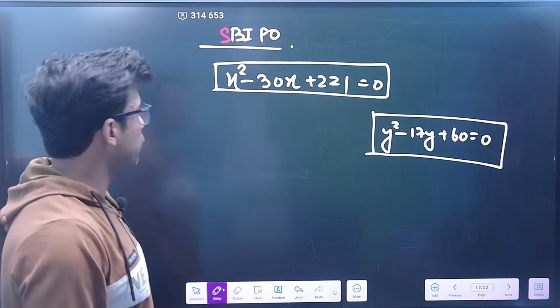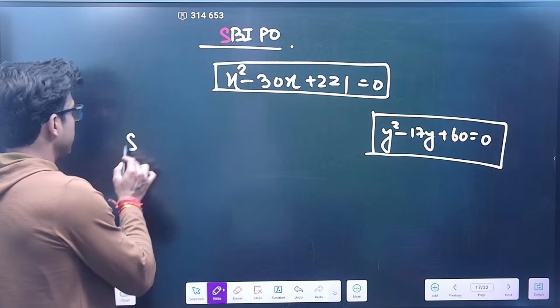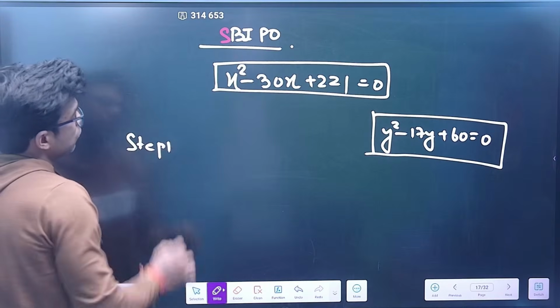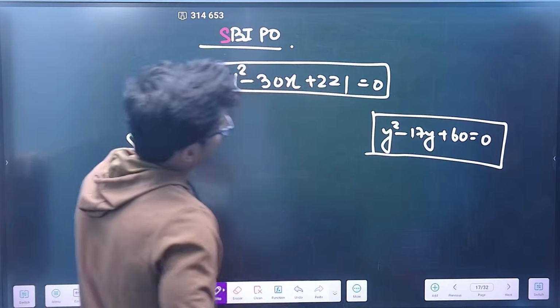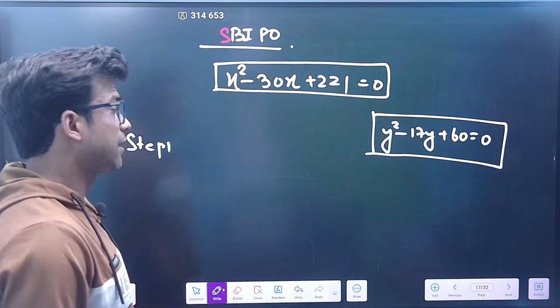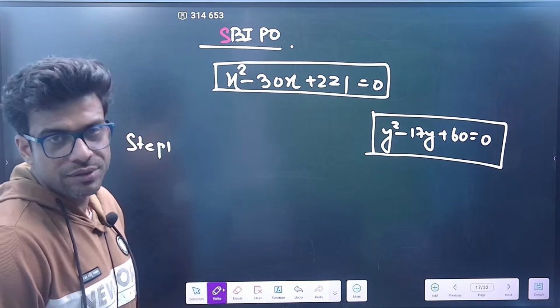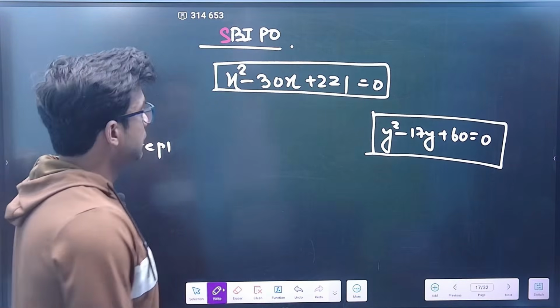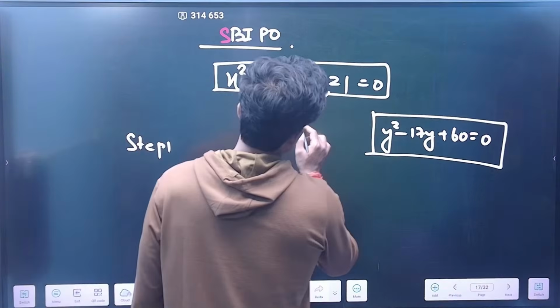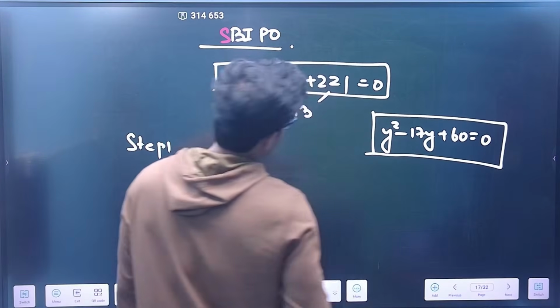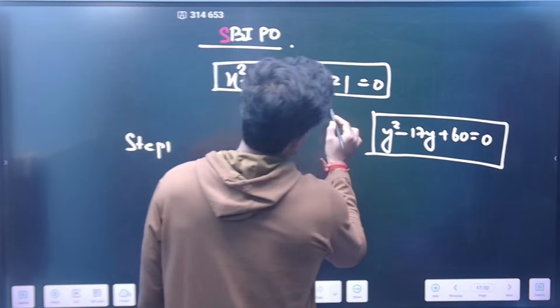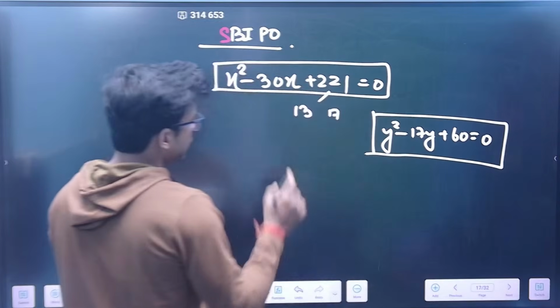The motto should be, I would write, step number 1: break out this 221 to make it 13. Always break out in such a manner. Now if you do so, you will see the logic that if you take 13, then the other number would be 17. This is the quick response that you should get.